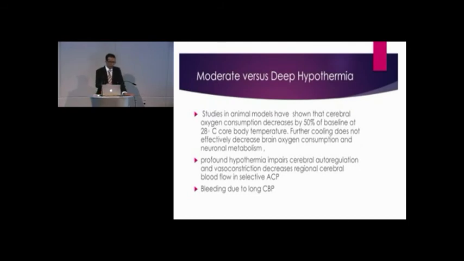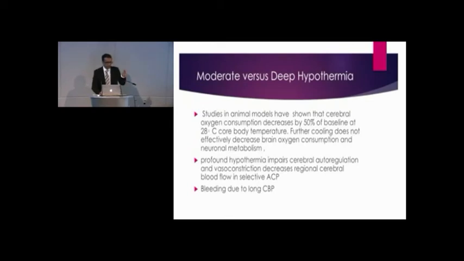There is some belief among surgeons that at 28 degrees you get the best decrease in metabolic rate, after which there is only a slight further decrease, and they don't believe it goes down to 15% or so. They say it never goes that low, which contradicts the safety effect of deep hypothermic circulatory arrest.